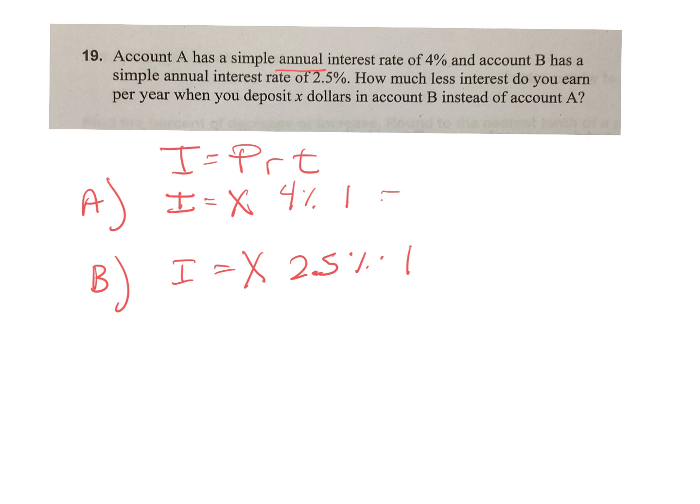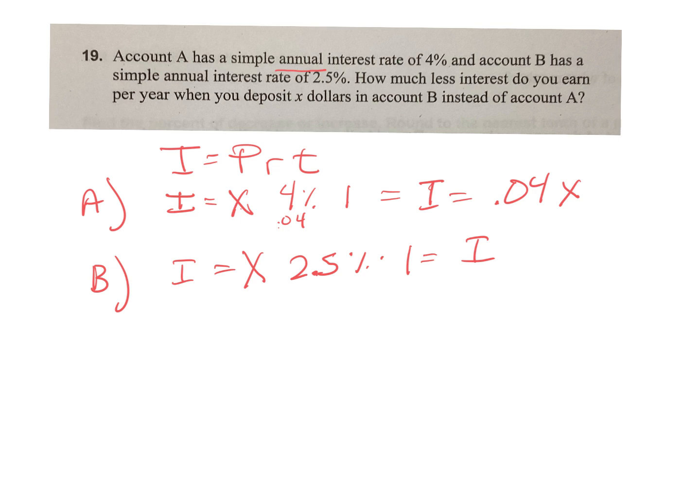So now I'm going to put these together. I equals, make that into a decimal, X times 0.04 times 1 is 0.04x.